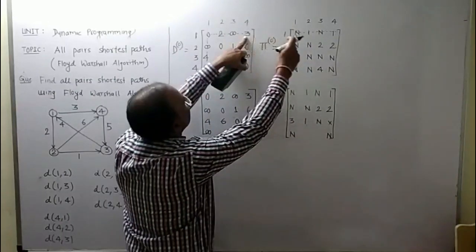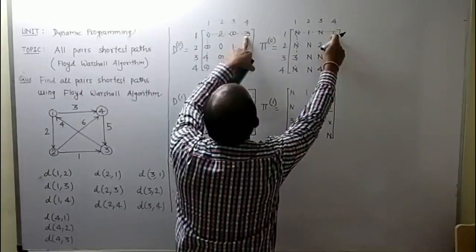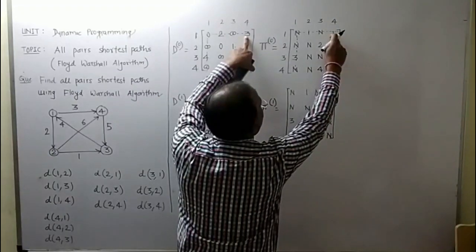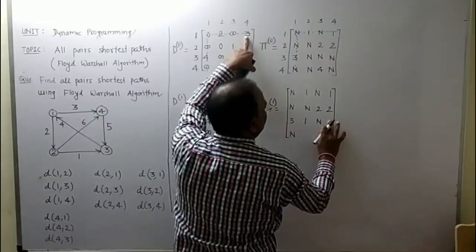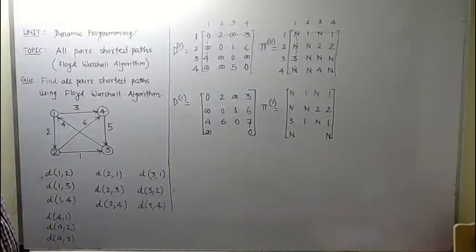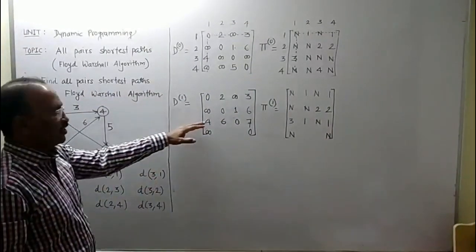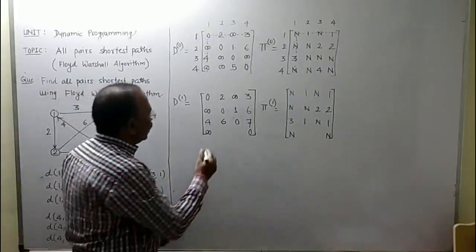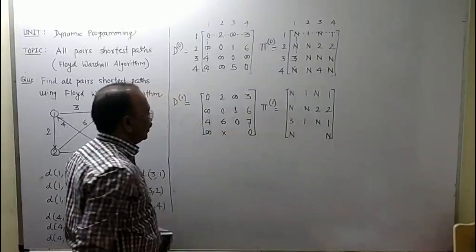The same place means this one, so 1 to 4. Now here the value is 1. Means as the value is 1, here you will get 1. So in this way, the third row is constructed. Now then go to the last row. Now let us see which value will come here.